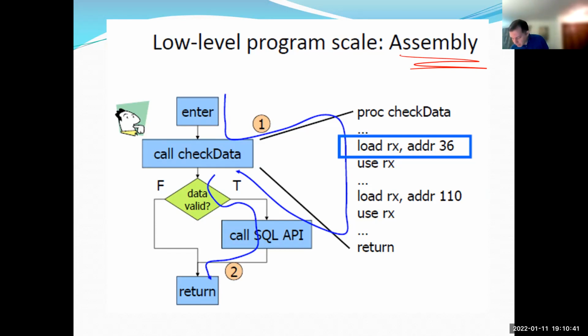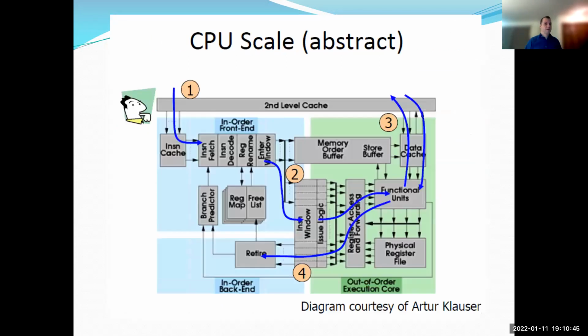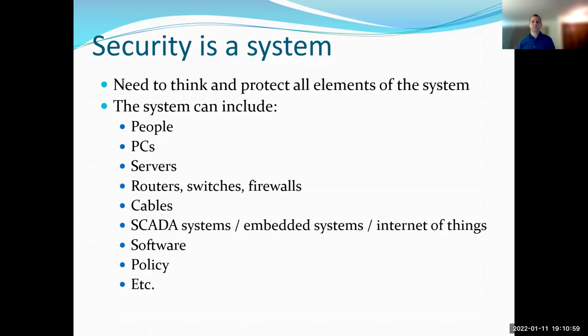So it's certainly another scale. Then there's the CPU scale, which a lot of the electrical engineering, ECE people will look at. That's just issues related to security at the scale of the microchip, and so on. That's the point of what I said initially.